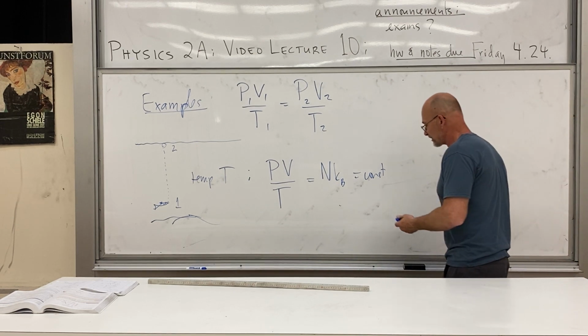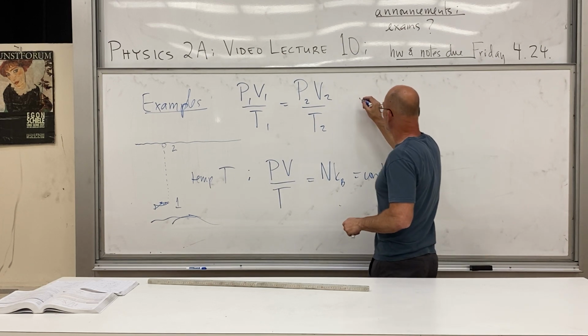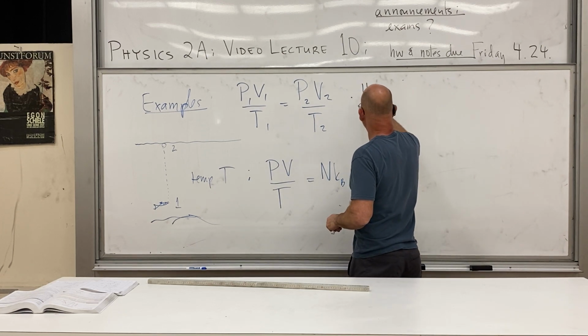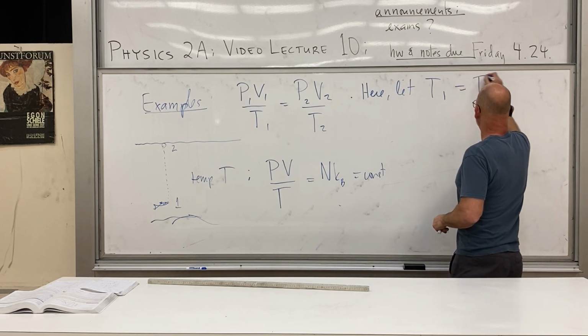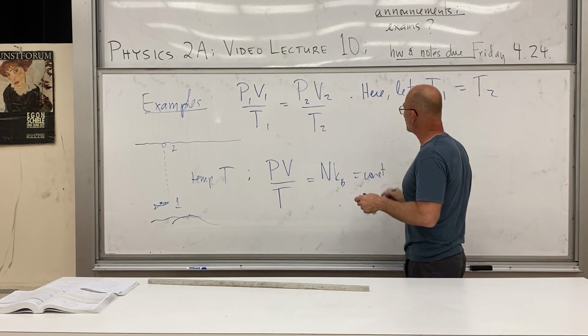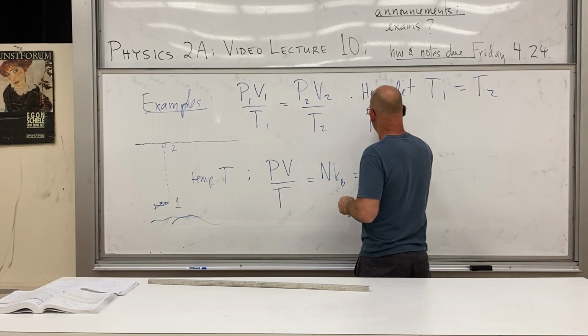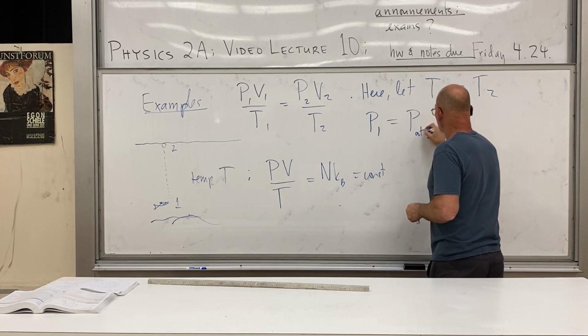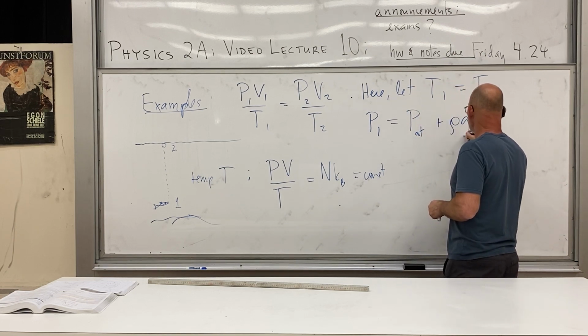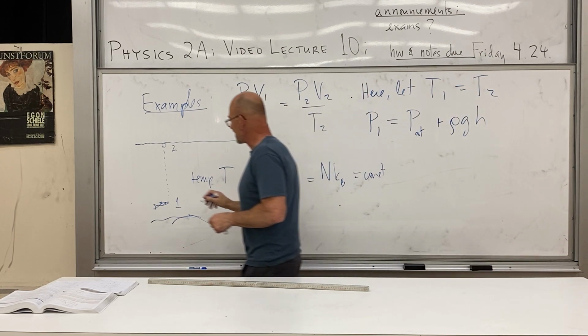Since I'm not going to do the whole thing for you, in our homework problem here, let T1 equal T2, because then it cancels out of the problem. P1 is equal to P atmosphere plus rho g h. So apparently we need to have a depth here.